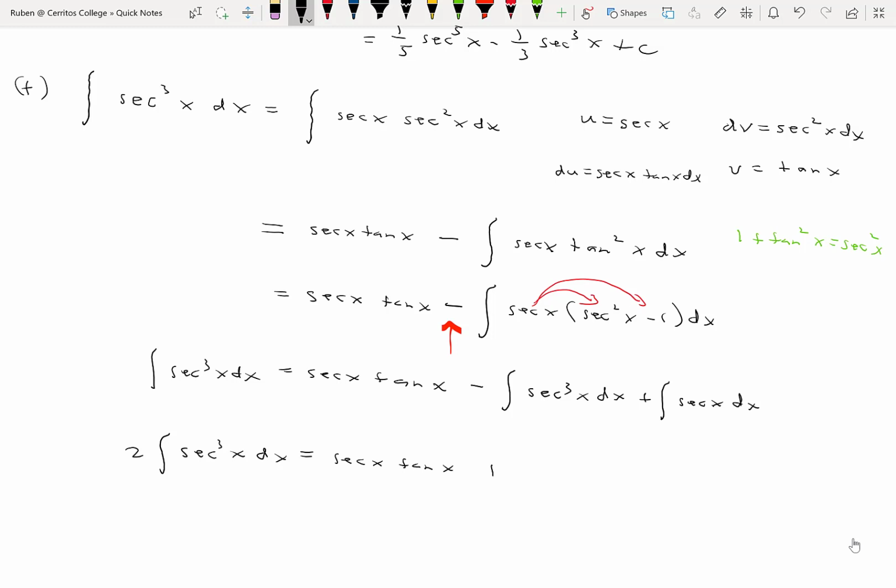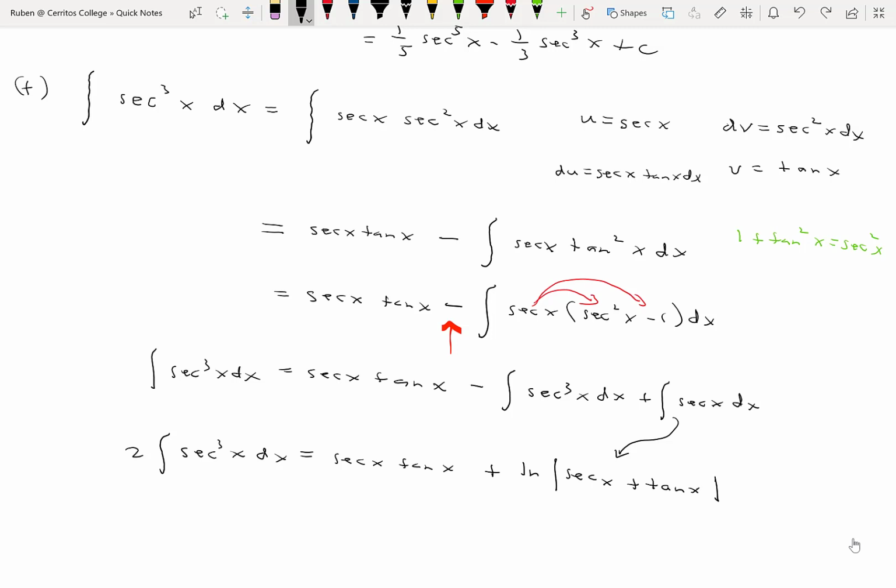And the integral of secant is one of the ones we memorize. You may have forgotten; you've probably only seen it once, the time I showed you. So the integral of secant is log of the absolute value of secant plus tangent. We can save the constant until the end.